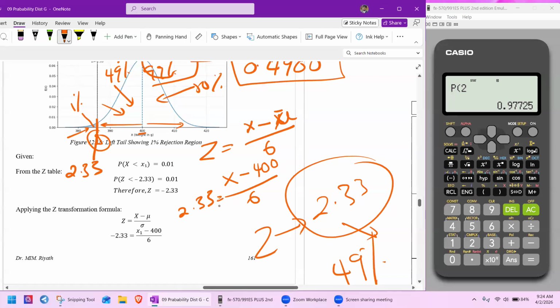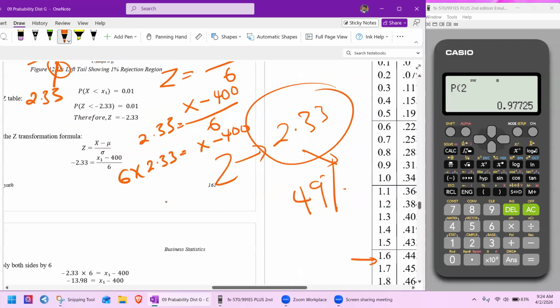When we solve this, 6 times 2.33 equals X minus 400.